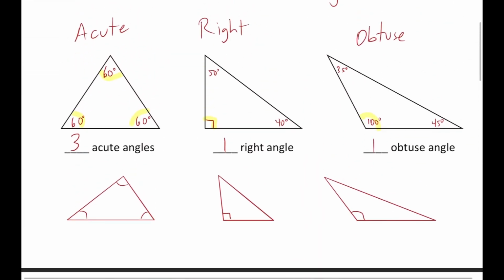So it's important to notice that to have the designation of an acute triangle, I need 3 acute angles. But to be a right triangle, I only need 1 right angle, or to be an obtuse triangle, I only need 1 obtuse angle, right?